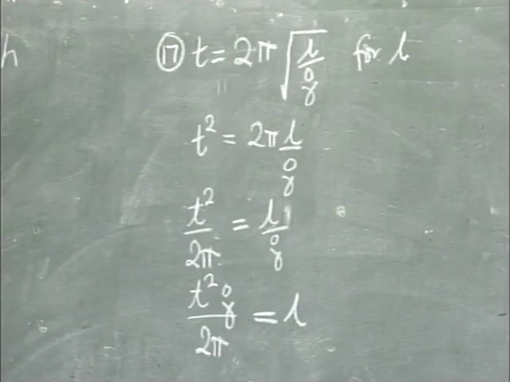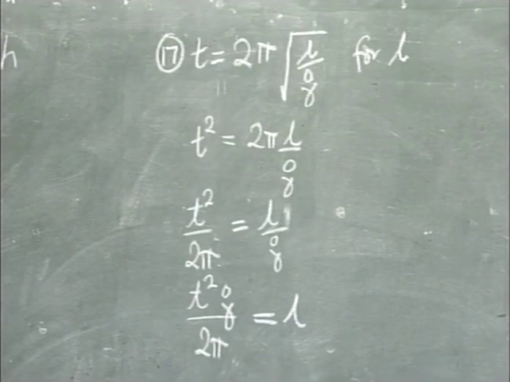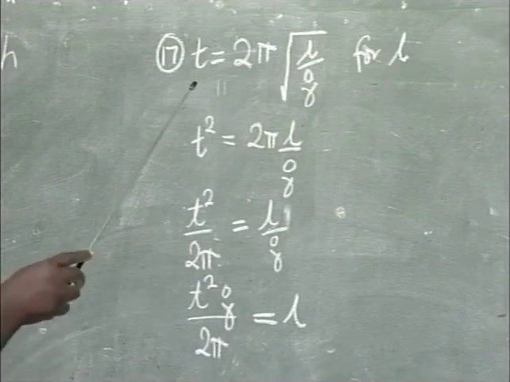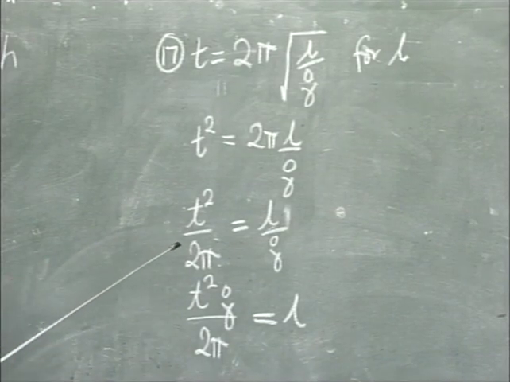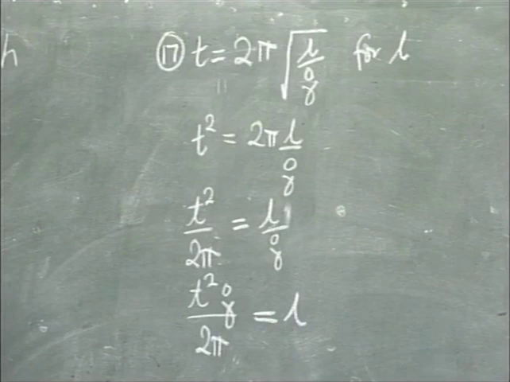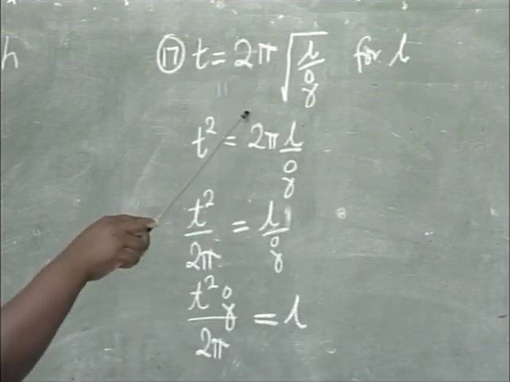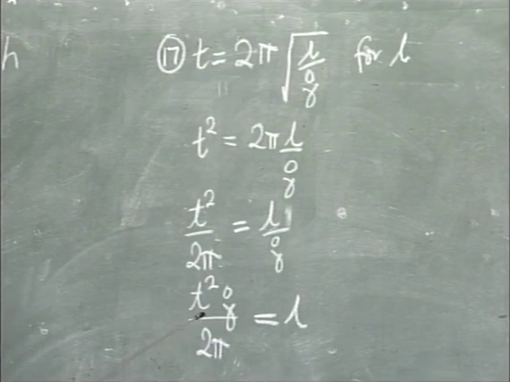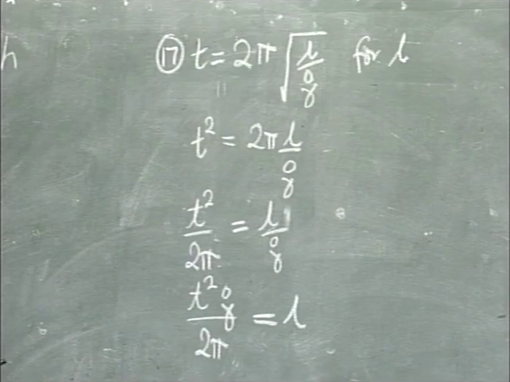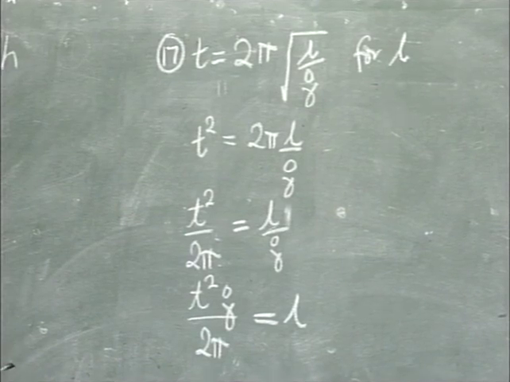Number 17, first of all, she squared both sides of the equation. I want you to note that there's a slight mistake here. When you square one side of the equation, it has to be everything. So you're supposed to square this. Otherwise, you can divide by 2 pi on both sides, and then after that, you square both sides.